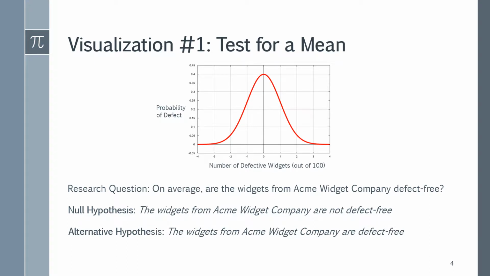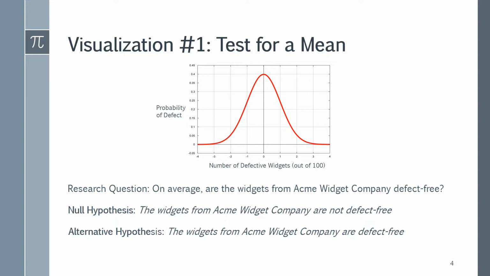Visualization number 1, test for a mean. Here we are comparing the probability of defects by the number of defective widgets out of 100. And we have a bell curve where the mean is 0.